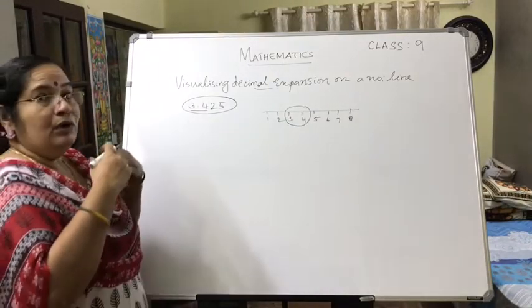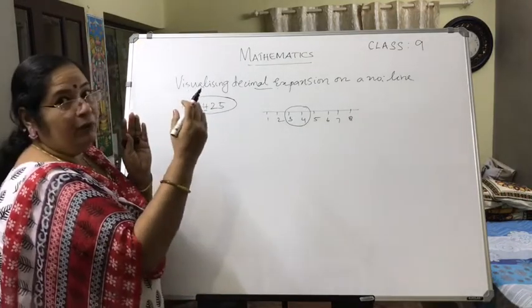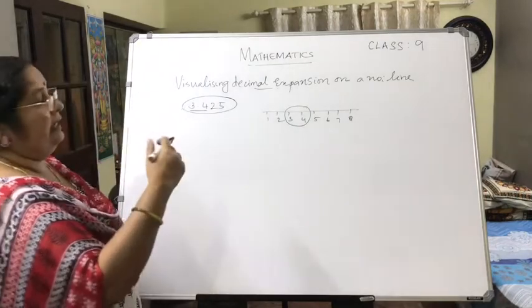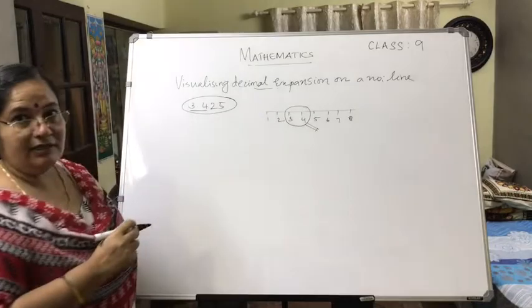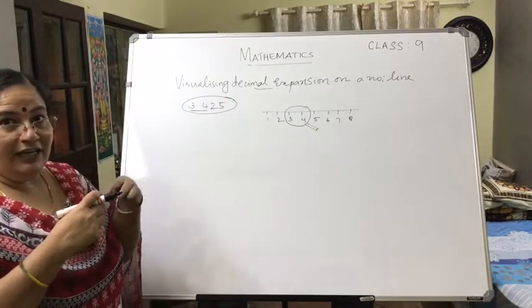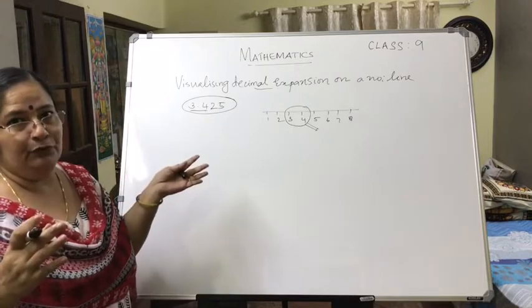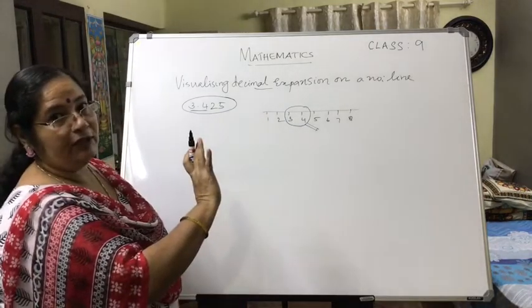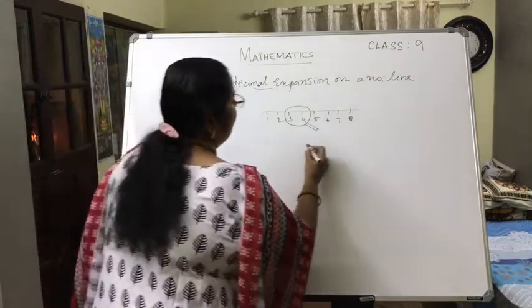Now you are going to magnify the 3 and 4 part. Between 3 and 4, whatever is coming, you are going to magnify. So this is like a lens. You know a lens? Used for magnifying, for seeing it as a big one. You are going to enlarge only this portion, between 3 and 4. So let us take the enlarged view.